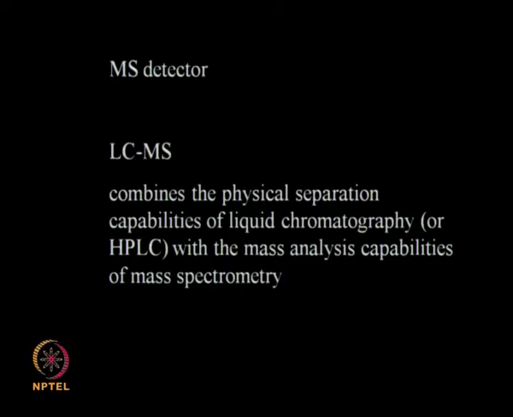It is a combination of both liquid chromatography and mass analysis, and it is extremely useful because we can even look at the fragmentation of the mass, and from the fragmentation pattern we may be able to imply the type of biomolecule which is present.